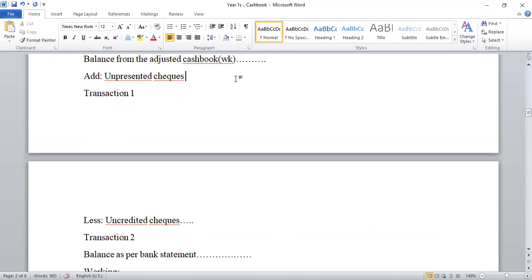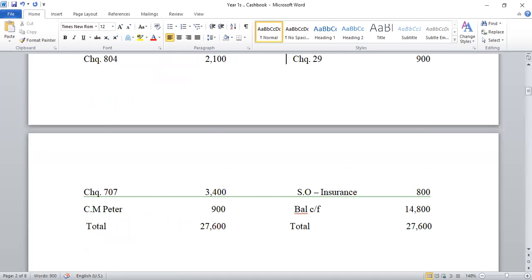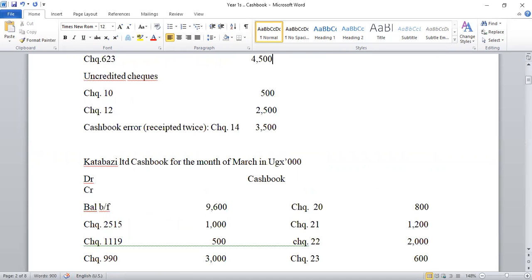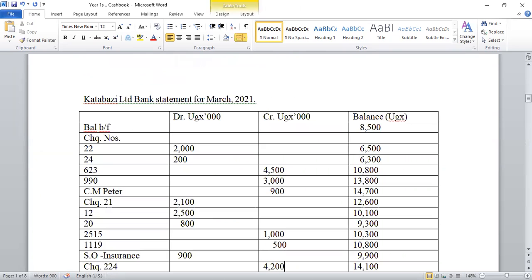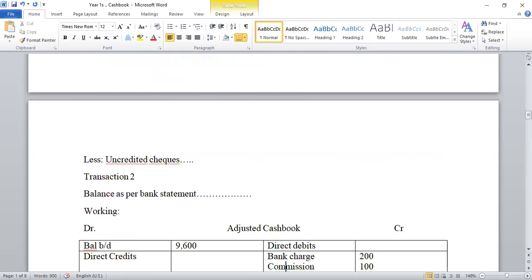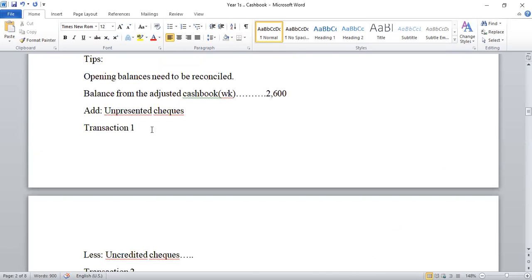We are reconciling opening balances first. What is the balance as per the cash book? It was 26. Then on that you add unpresented checks, like I've given you here. My unpresented checks, here they are. I can just get the total. This is 500, so I'll bring 500.